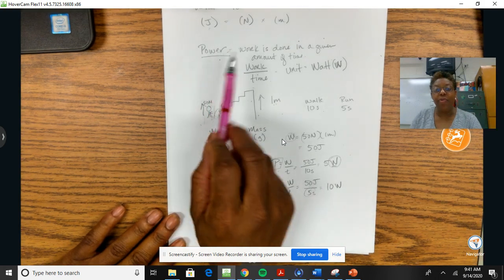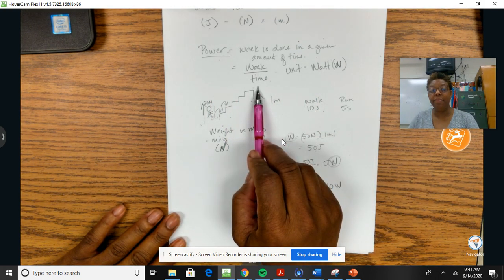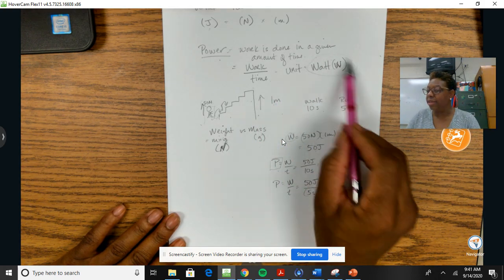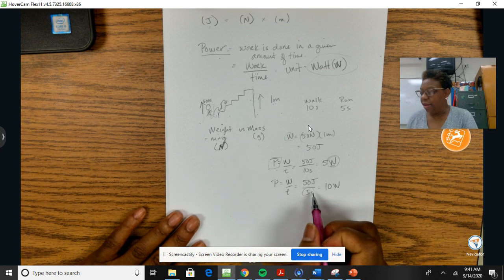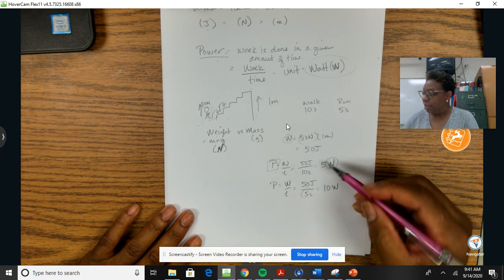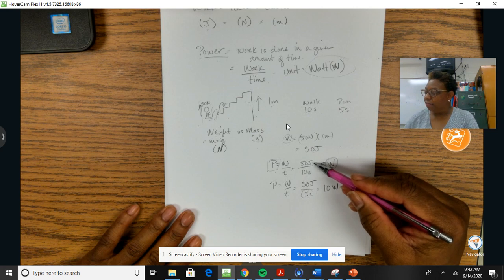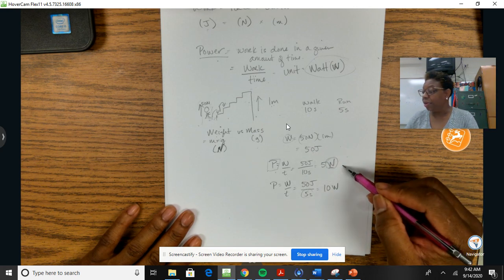So we know what power is, work in a given amount of time, or work over time. We know the unit of power is now the watt. And I want to just point out one other thing before I walk you through how to execute some calculations here. Notice that our work was in joules per second, okay? And we called it a watt.